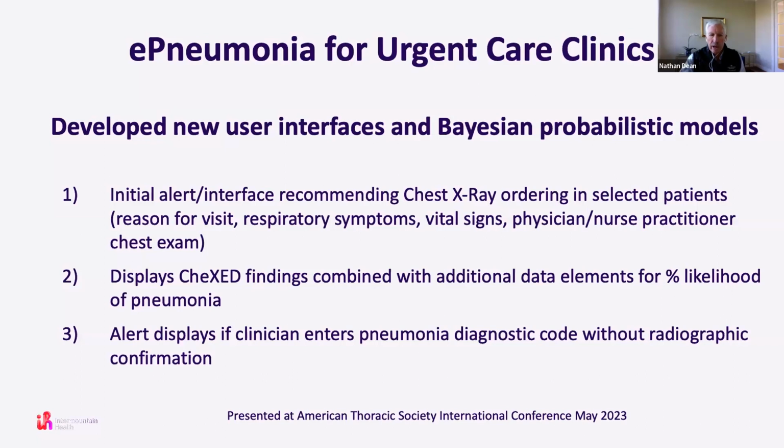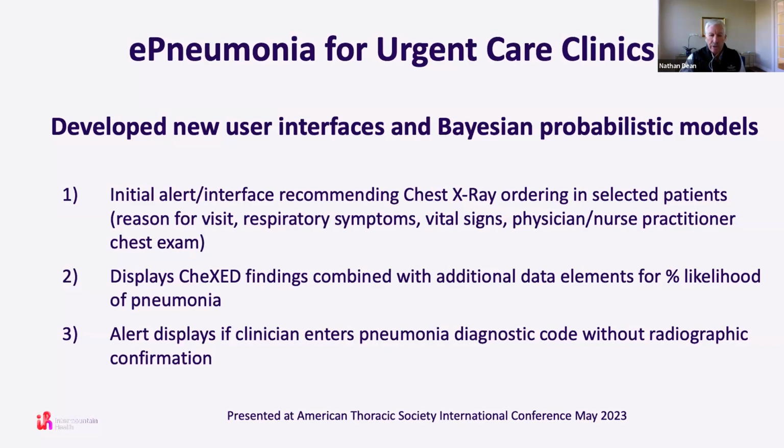And so there's an AI model. Actually, we're still tweaking that. I think it goes into production next week, where there'll be an alert, an interface recommending chest X-ray ordering. And this uses an AI model that uses the different factors there on the slide.